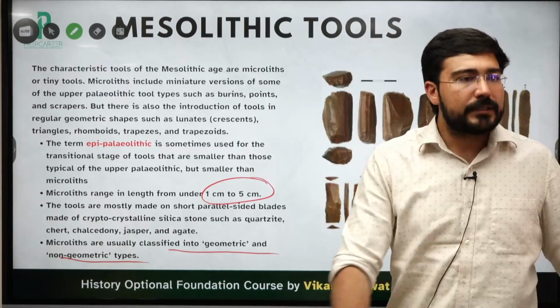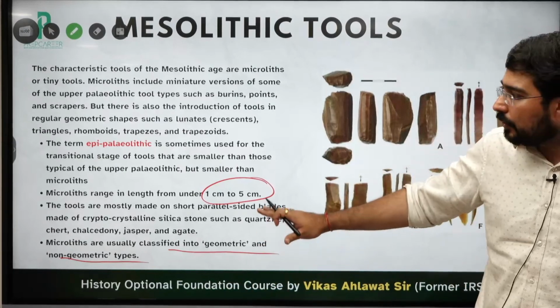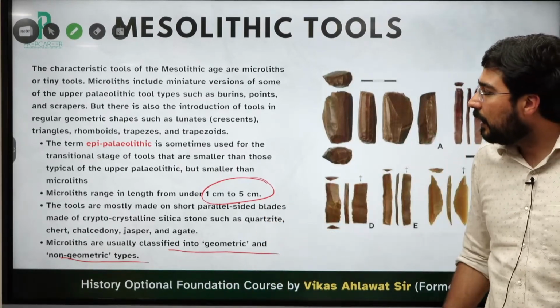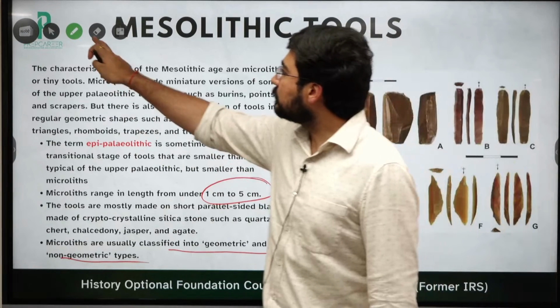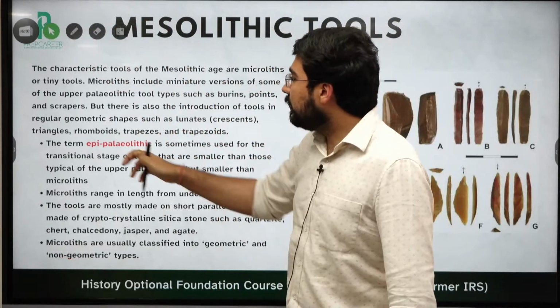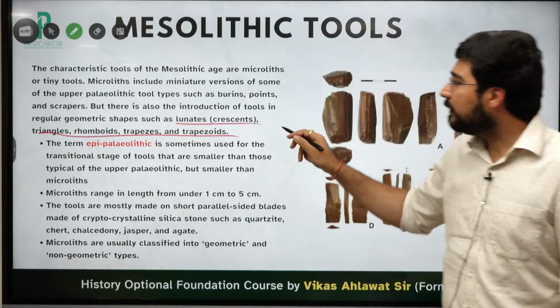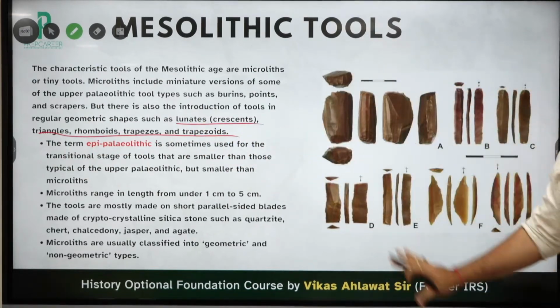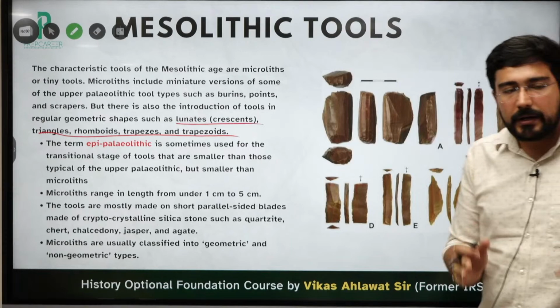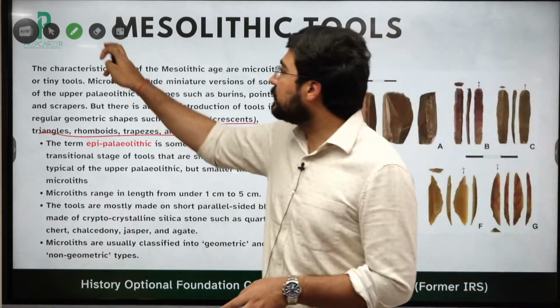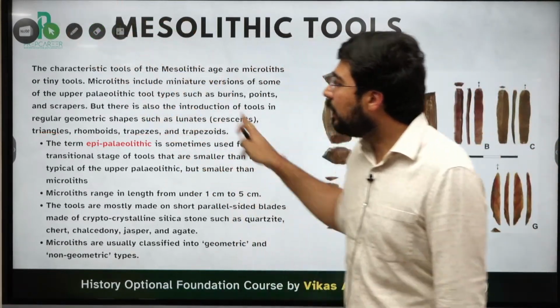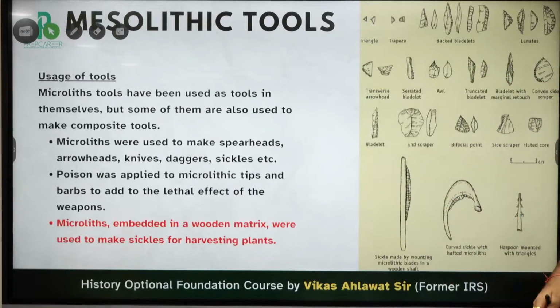Even in the map classes we discussed this, geometric and non-geometric. All right. You can find various shapes, triangles, rhomboids, trapezoids, various kinds of shapes in these tools. That's why geometric and non-geometric industry can be found during the Mesolithic period. Let us move forward. These are many kinds of tools. They are part of this.